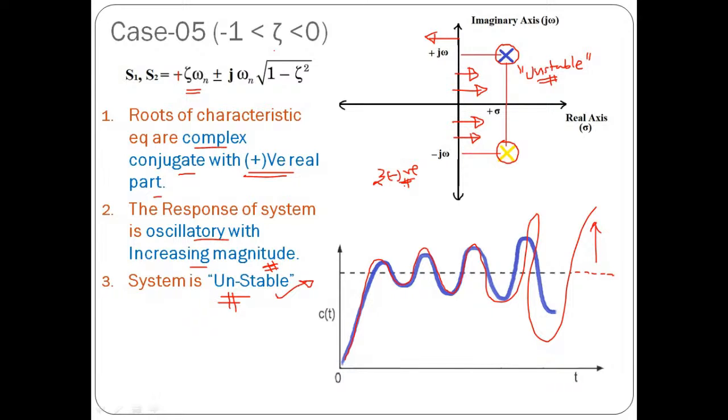I hope this point is clear to everyone. Now let us consider the last case, case number 6, when we put the value of zeta exactly equal to -1. That means if the damping ratio is negative, then what will happen?